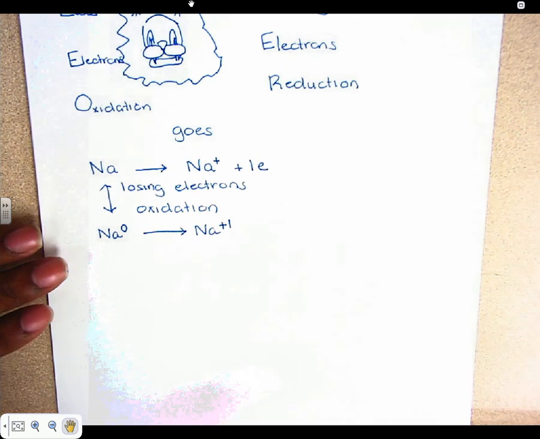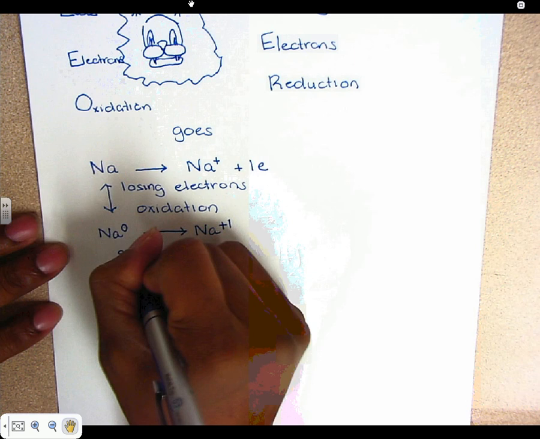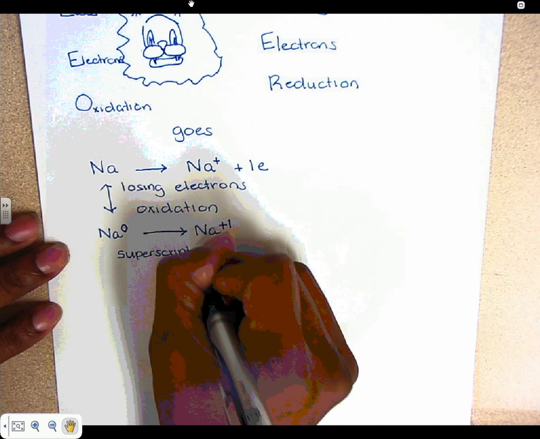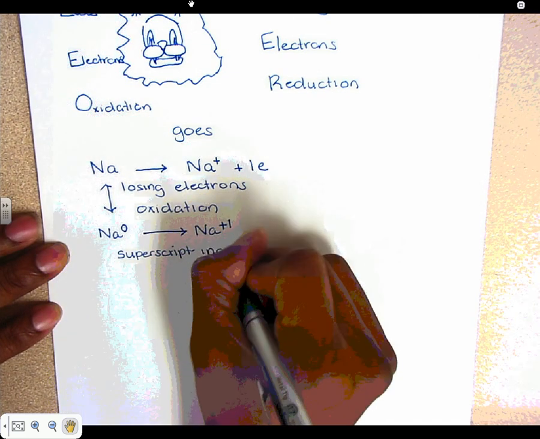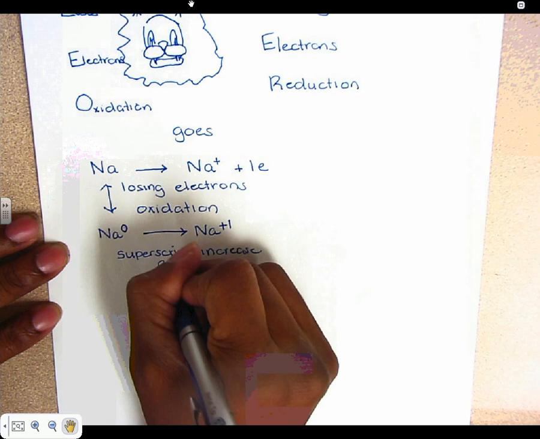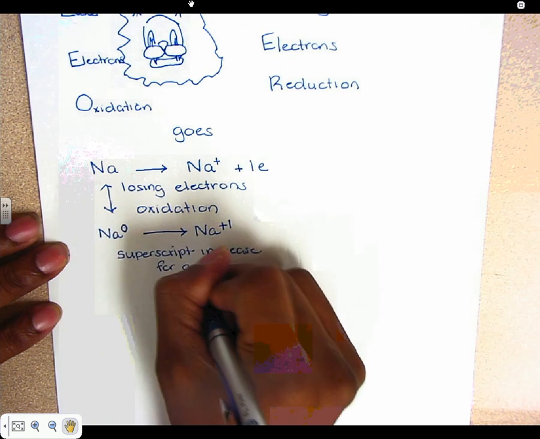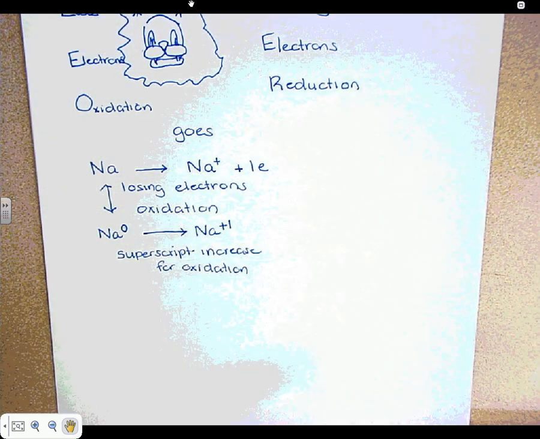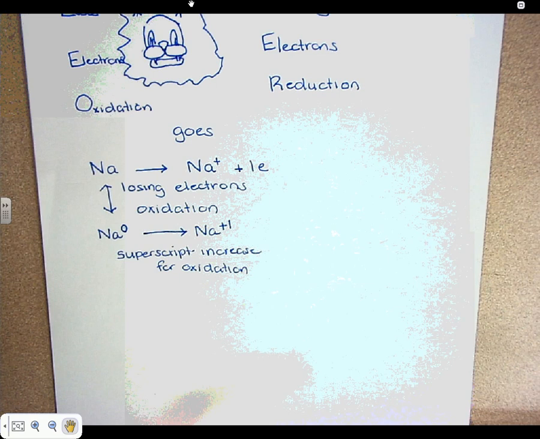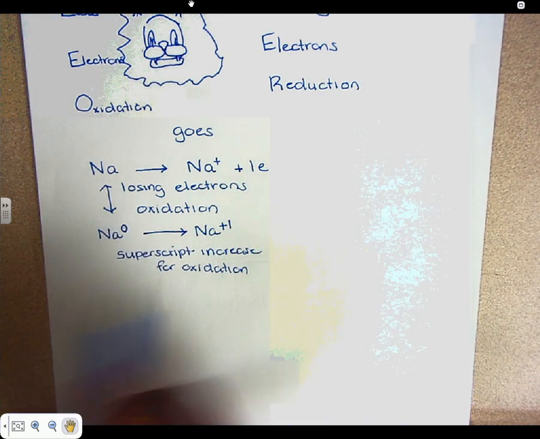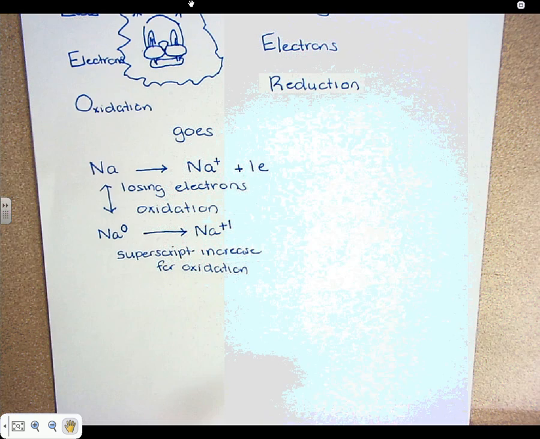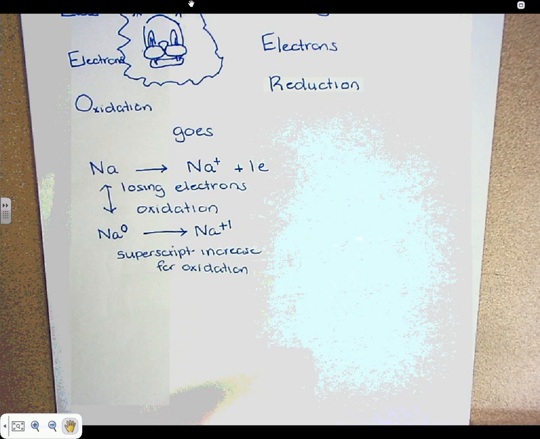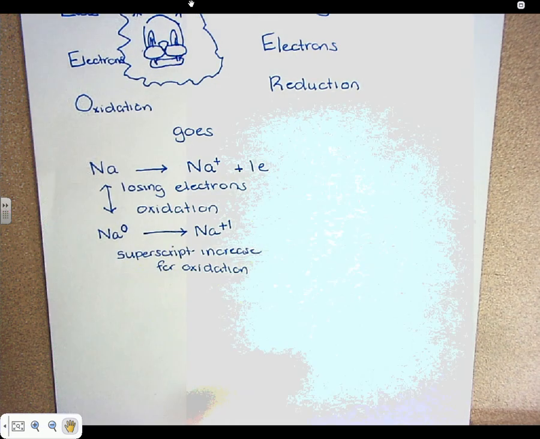What's interesting is that the superscript increases for oxidation. So you want to remember a few things when you're talking about oxidation. It loses its electron. The superscript increases in oxidation. And all of these will define oxidation.